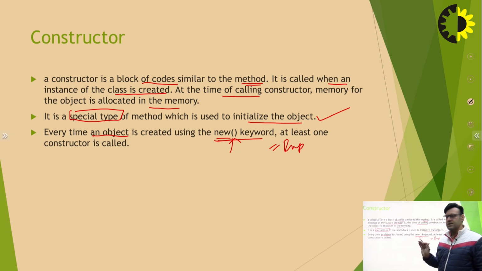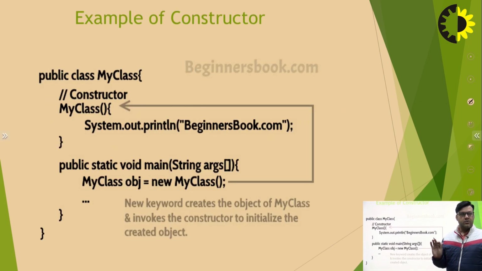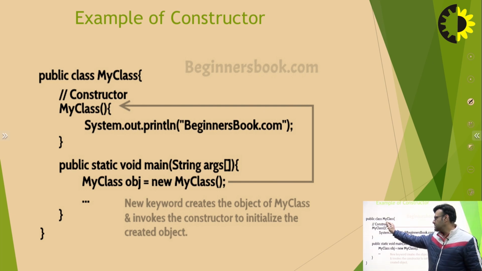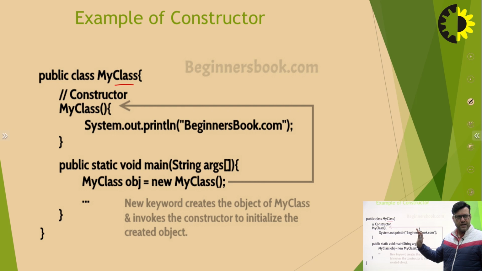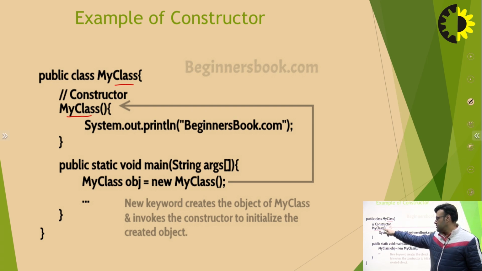So, this is a constructor. You can see with the help of an example that I have defined a class, public class MyClass. The name of the class is MyClass, and this is a method, MyClass. The name of the method is the same as the name of the class.